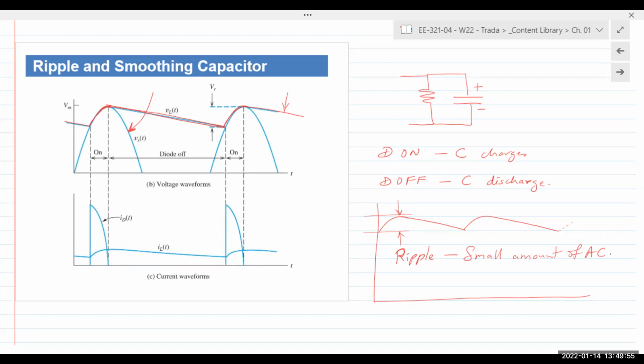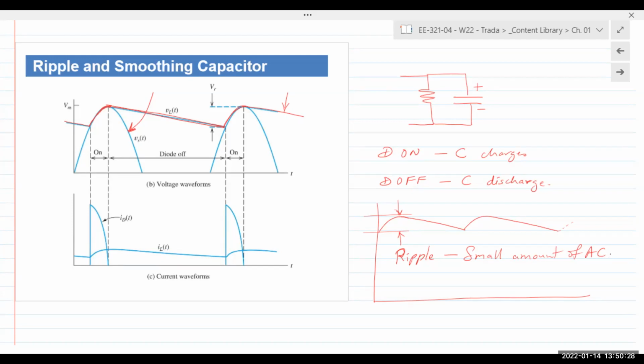Well, it depends on what the load is. So RC, right? RC. So if the capacitor is, let's say, 10,000 microfarads, that's the typical value you would find in any sort of wall adapters. It's around 10,000 microfarads. So it's about 10 millifarads, so to speak. So it's about this big. The biggest capacitor in the kit that I passed out is only like 10 microfarads. So 10,000 microfarads, and you combine it with, let's say, a load resistance of 1 kilo ohm.